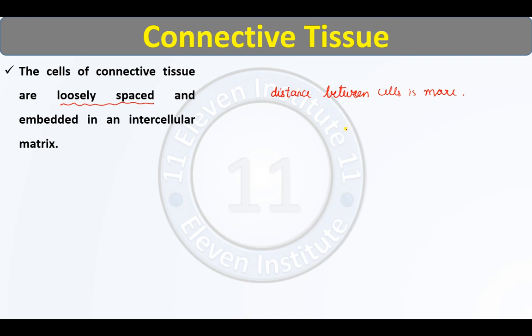Distance between the cells is more. Fine, in case of connective tissue, and these cells are embedded in an intercellular matrix. I have already told you what we mean by matrix: a common background in which these cells are embedded.